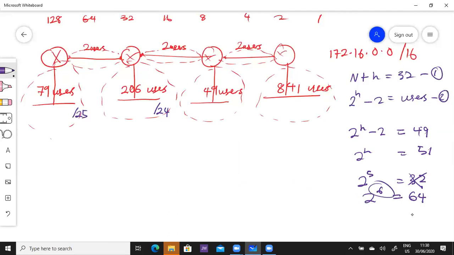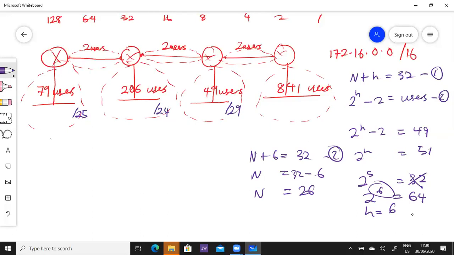So my h is 6. So n plus 6 is 32. n is equal to 32 minus 6, and n is 26. So for the 49 users, I need this subnet mask, /26.